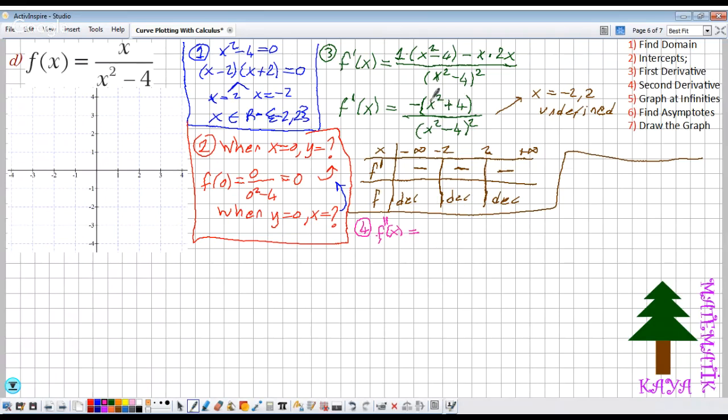First thing, the derivative of the numerator. The derivative of x squared is 2x, times the denominator again, (x squared minus 4) power 2, minus, between them, the numerator again, which is minus times (x squared plus 4).